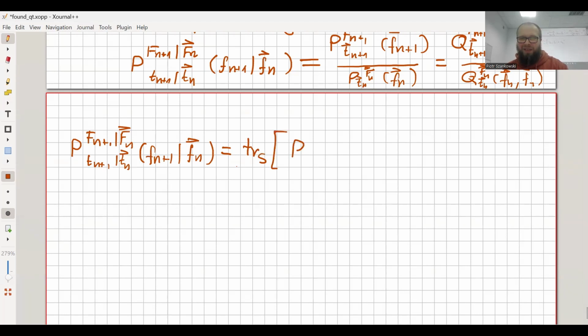So we have here the projector for the measurement at time Tn plus 1, and there should be a matrix here, corresponding to the preparation, the initialization. But instead of writing rho, I will write a different object, because I know what will follow.